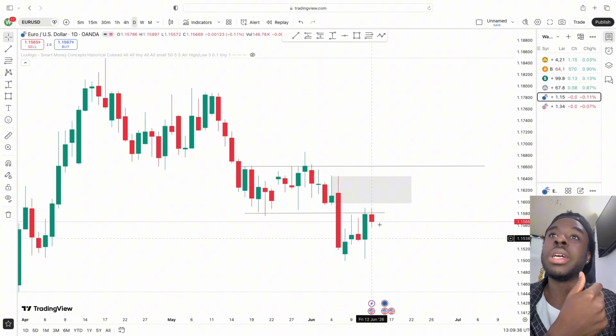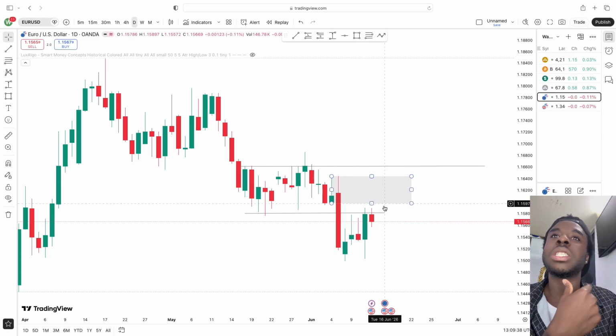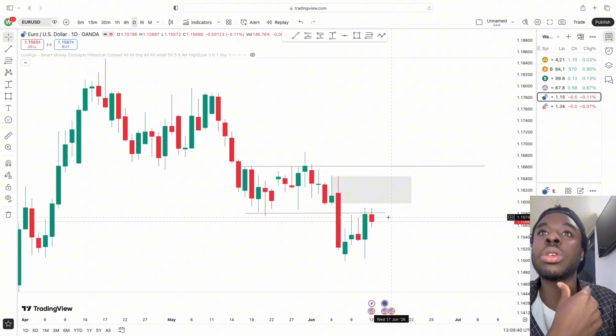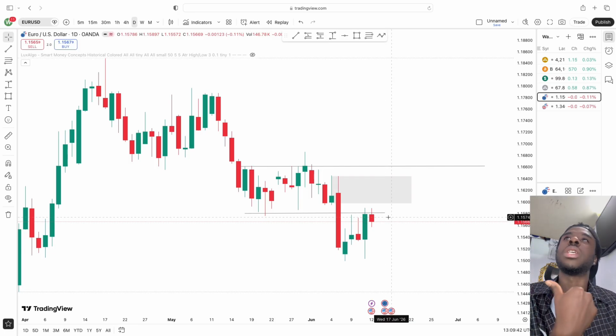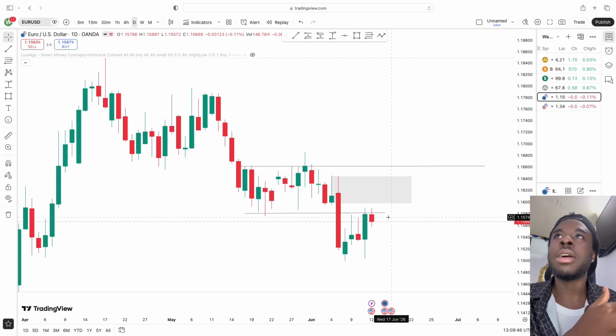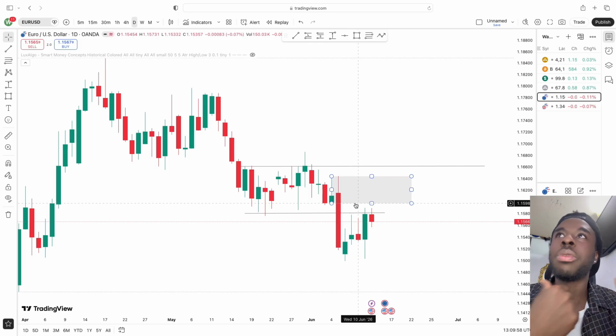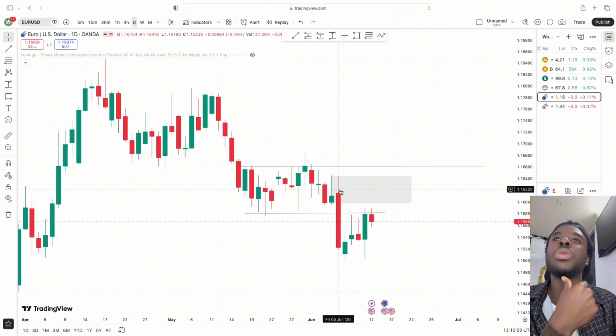So we had a break of structure to the downside, and now price is retracing to this supply zone for us to take our sell. So when we started from the monthly time frame, we've been having a lot of confirmations that show that price is still bearish, right? We've not had any confirmation that price is bullish. All the analysis we've been doing shows that price is bearish, right? So what do we want to do?